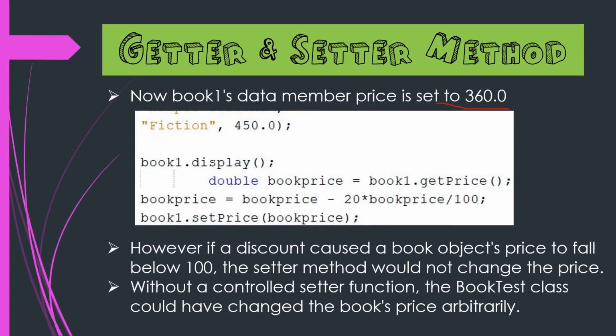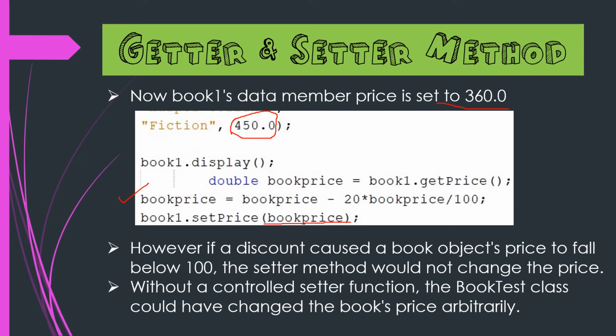As we have just seen in the coding of book test class, the value of price is set to be 450. Now, I have already told you that this is the formula that we are going to use for calculating the discounted price, and ultimately the discounted price will be displayed.